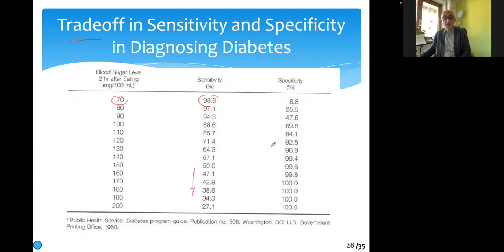So this is decreasing, this is increasing. Therefore, what they did is select a cut value somewhere in between, which is the optimum threshold between sensitivity and specificity, and there are formulas for that.